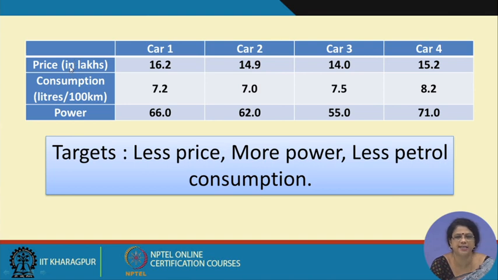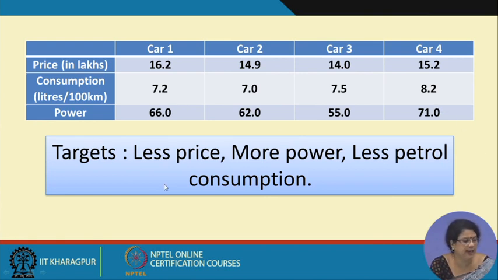One is the price in lakh, another is the consumption, which is very important whenever we consider the mileage of a car, and the power of the car is also very important. So if I look at these 3 criteria, we have a table where we are given the options of different cars.